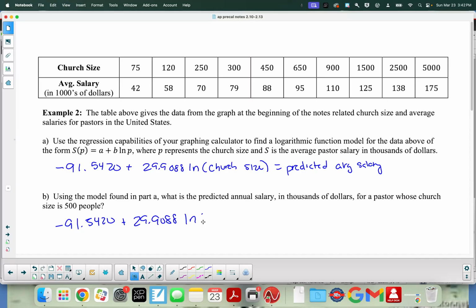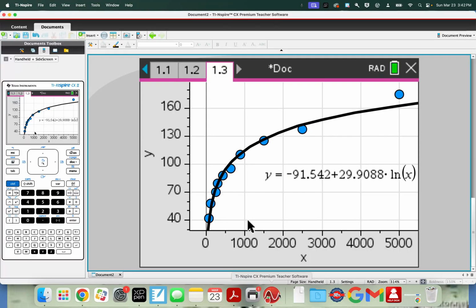29.9088 times the natural log of 500, and whatever we get in the calculator is what it's going to be. Okay, so here you're not going to be able to find a table, I don't think. Let me check, see if we can actually do it. Menu.